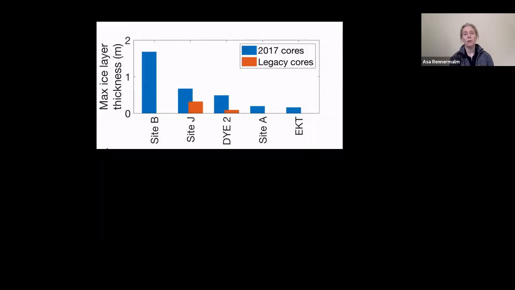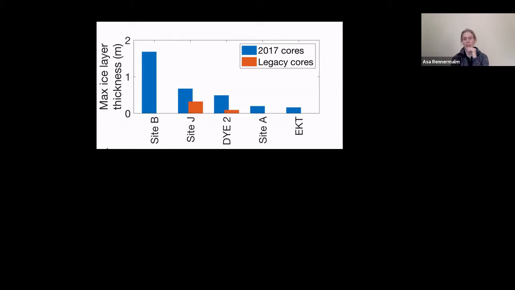Okay, so one thing I want to talk about then, which has particular interest, is the thickest ice layers. And here is a figure that shows the maximum ice layer thickness in each core. So I found the thickest ice layer in each core and I plotted them out.